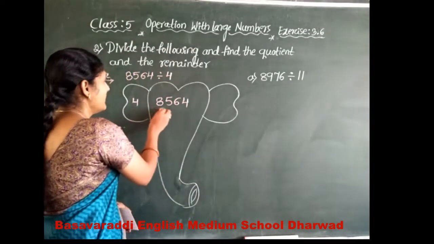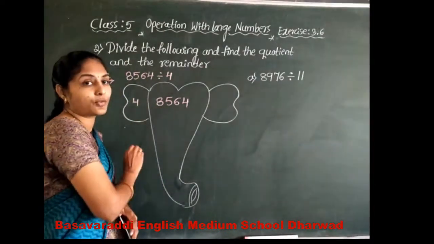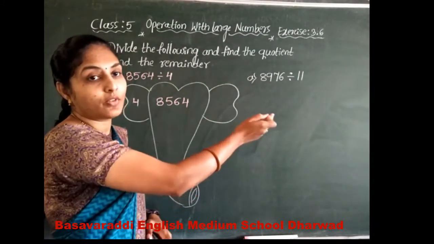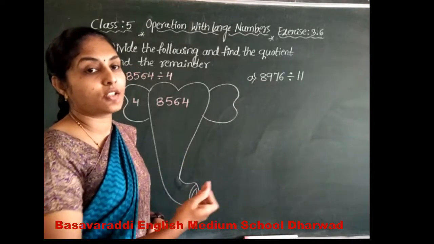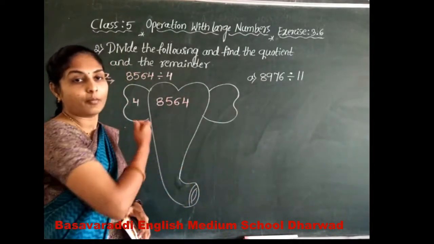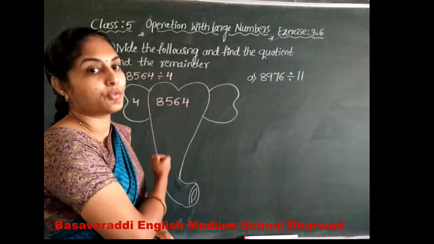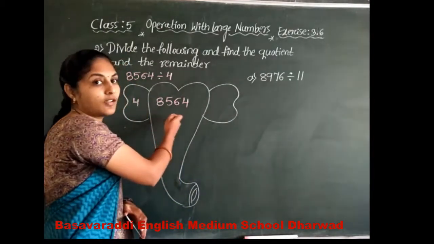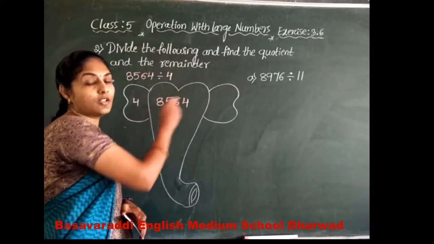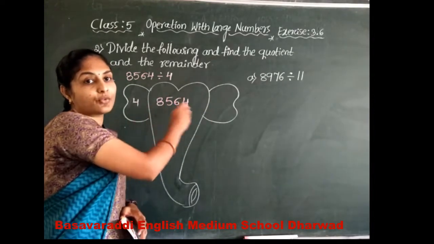In this case we start from the left to the right side. Before, in addition, subtraction and multiplication, we worked from right to left, but in division we go from the greatest place value to the smallest, which means left to right.